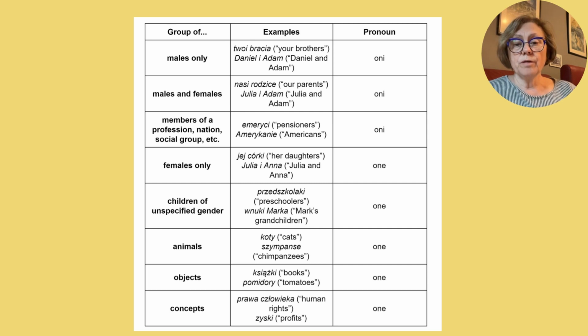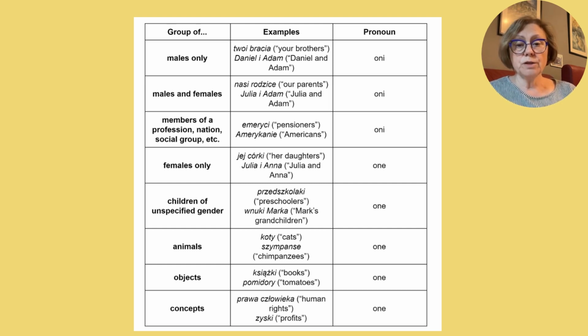Group of females only. Jej córki, her daughters, Julia i Anna, Julia and Anna, pronoun one.